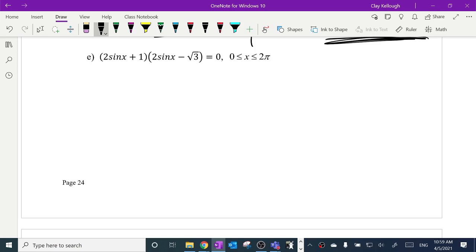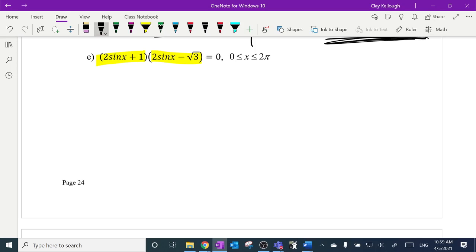If you have an equation where 0 is on the other side, and you've got it in factored form, just think of this as two numbers. A number times a different number makes 0. So you have to explore those two possibilities, right? If you multiply two numbers together and get 0, one of them has to be 0, if not both of them.